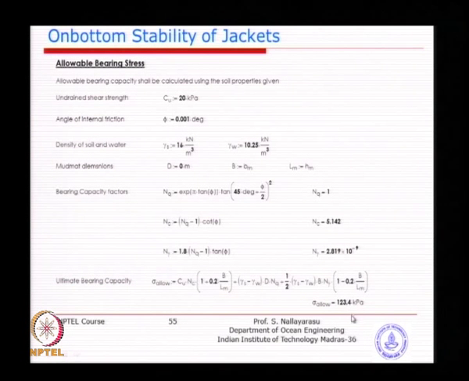It should be ultimate. It is not yet divided by the factor of safety here, because you are still using the shape factor, the depth factor and the basic CU. NC is calculated, and ultimately you get 5.12, which I think we derived earlier.